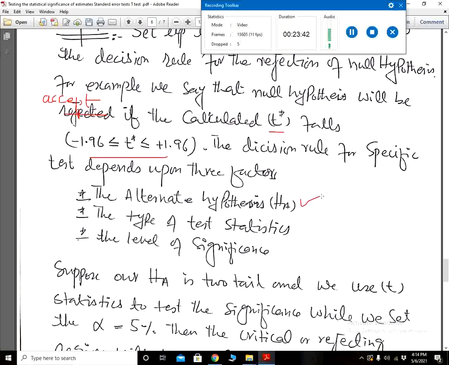If your alternate hypothesis is 2-tail, then you will use alpha by 2 to calculate the critical value from the table, because you are using both sides, a 2-tail test. The second is the type of test statistic, meaning whether you are using a t test or z test or any other statistic. And the third one is the level of significance, alpha. For different alpha we will have a different critical region. For alpha 10% we have a different critical region as compared to alpha 5%.